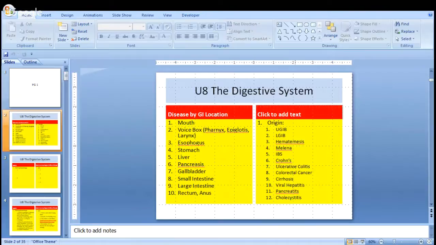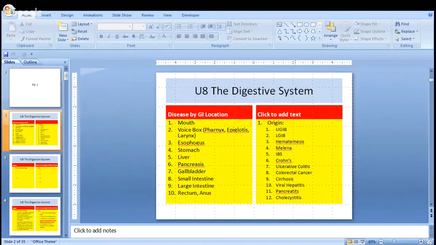What it means is that stomach acid comes up into the esophagus because the sphincter doesn't close properly. It's allowing gastric juices and acid to flow back into the esophagus, and it's irritating the esophagus. That's the pathology.